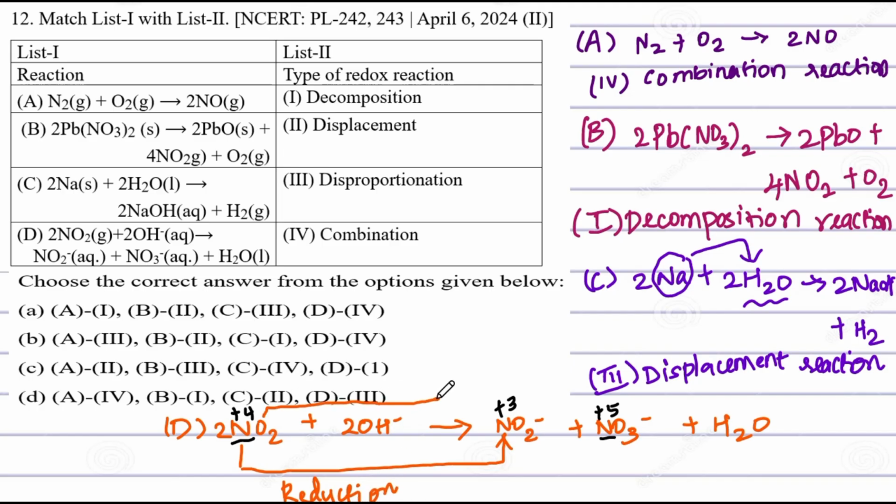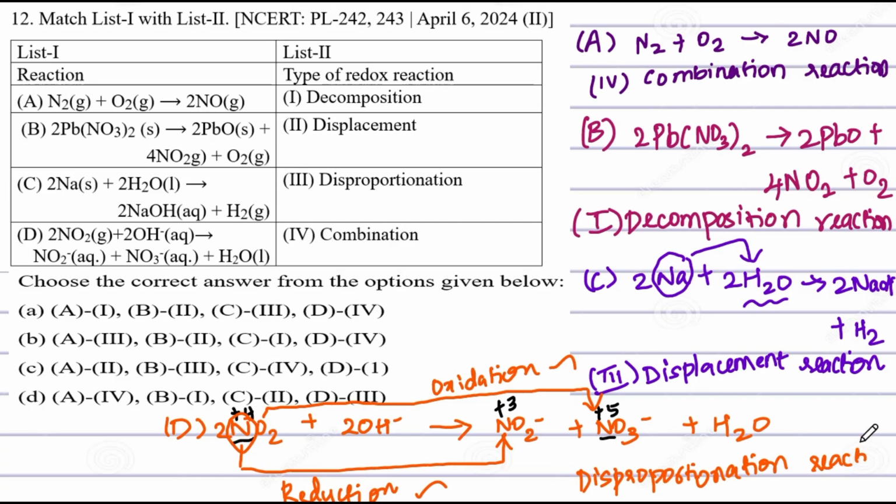From +4 to +5 is an increase in oxidation state, so it is oxidation. So the same element nitrogen undergoes both reduction and oxidation. So this is an example of a disproportionation reaction. So for option D, the correct match is 3.